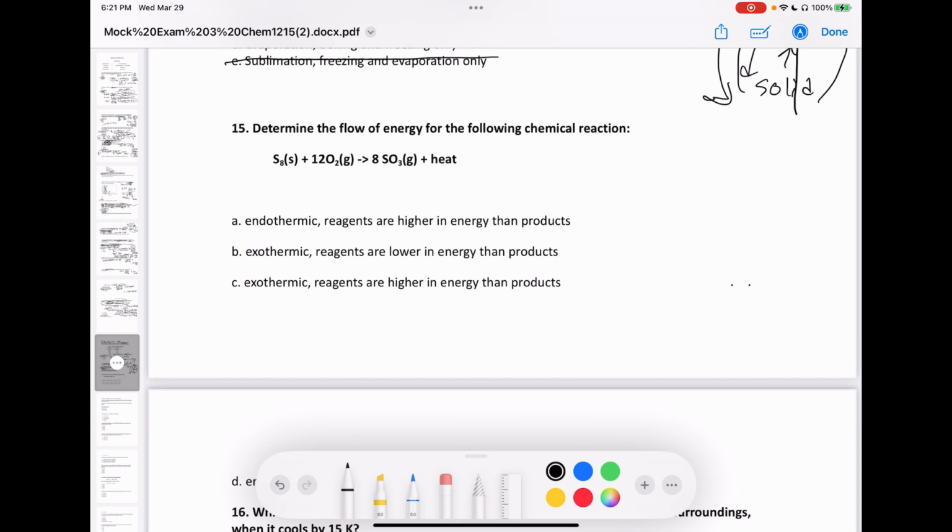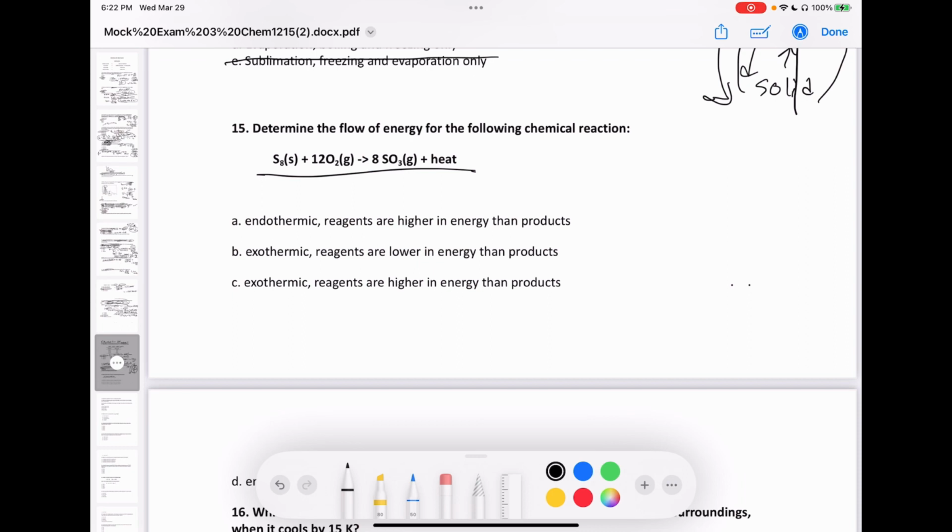Determine the flow of energy for the following chemical reaction. Okay, so if you see heat written in this format, where it's treated as a reactant or a product, that's a huge indicator of what it's going to be.